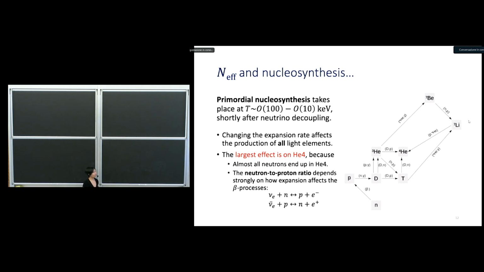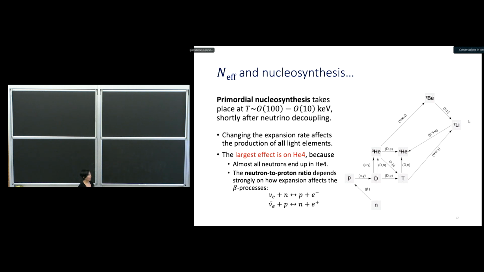And the reason is because if I look at all of these light nuclei over here, the most stable of these nuclei is helium-4. Yeah, the binding energy is the one that's the most favorable for the helium. Of all the elements here, that's the one that's most likely to be formed. Which also means that if you start with a soup of neutrons and protons, then most of the neutrons will actually end up bound in the helium-4.